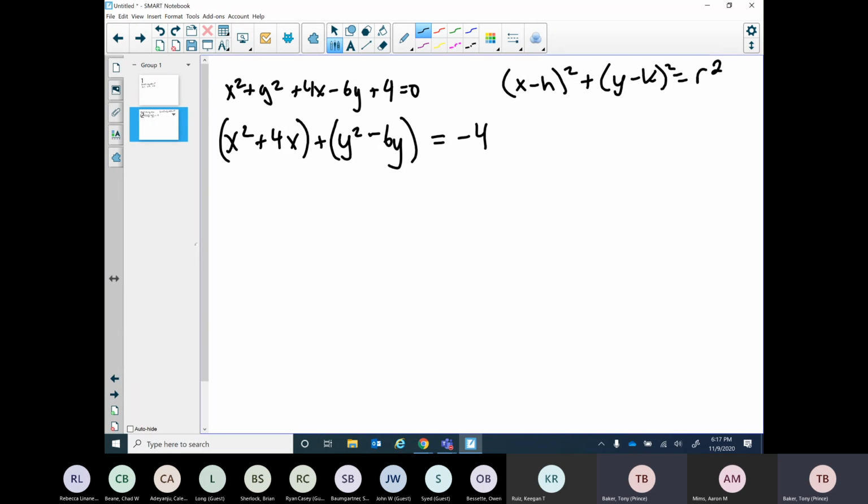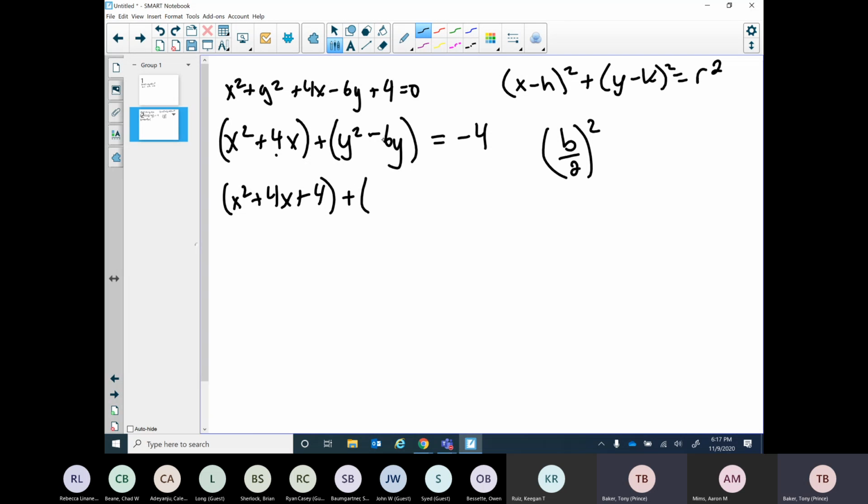Now, I need to be able to make these perfect squares. So to make this first one a perfect square, remember to find perfect squares, you take b divided by 2 and then square it. So that 4 divided by 2 is 2. 2 squared is 4. So this gives x squared plus 4x plus 4.